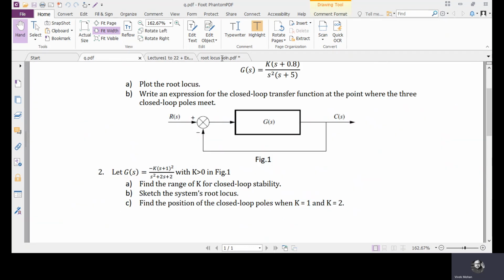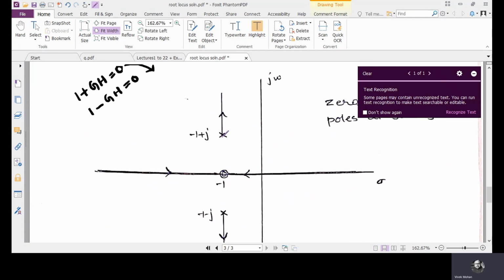To get that, we draw a line from this pole to the other pole. This angle is 90 degrees.